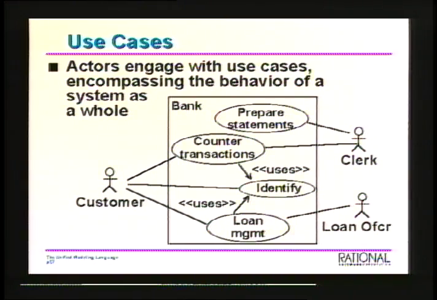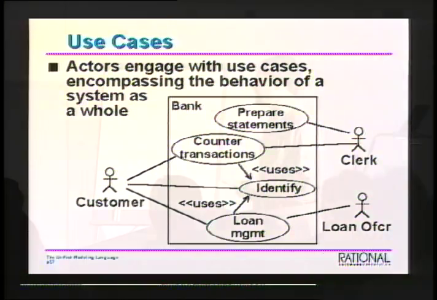So at the high level, we can show the actors in the system and the various use cases in the system. They're drawn as little ellipses, and we can connect the actors to the use cases. So if you have a bank, a customer can ask for a loan or can make some transaction at the counter. They involve different bank personnel. We can also build use cases out of other use cases.